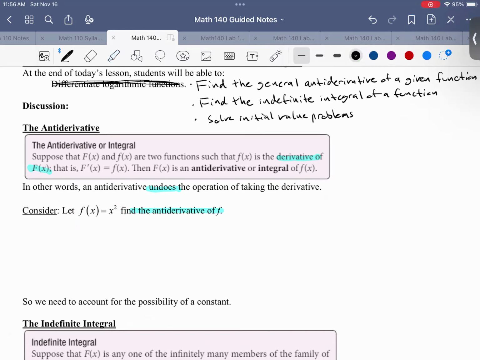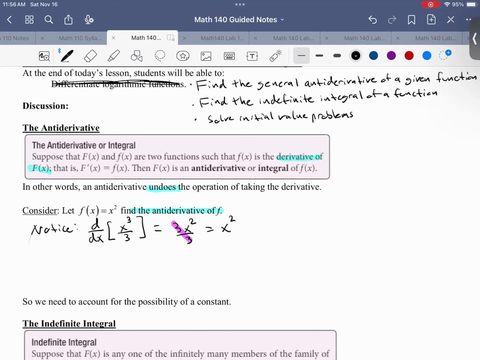Notice that if I take the derivative of x cubed over 3, I get 3x squared over 3, and then the 3's cancel out, and I'm left with x squared.